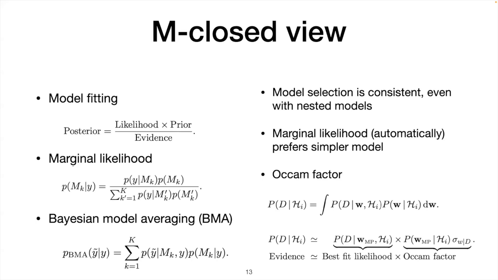And if you have many models, then the posterior probability of the model is the marginal likelihood times the prior, normalized over all models. And this p(y | M) is just the likelihood and the prior, and you integrate out over the parameter, which is why it's named marginal likelihood, because it's a likelihood evaluated under the prior.